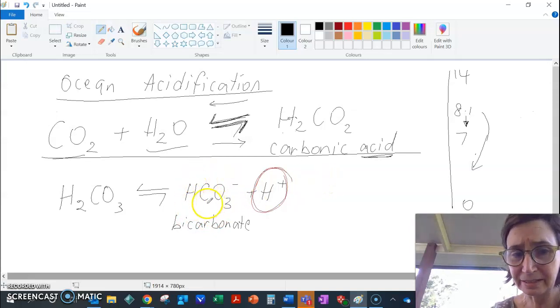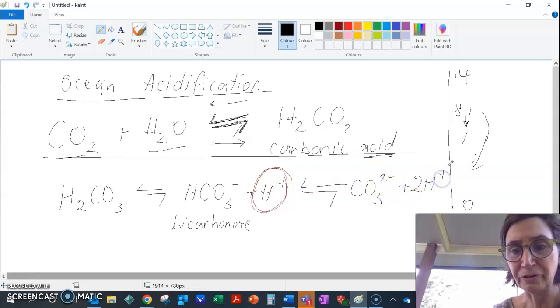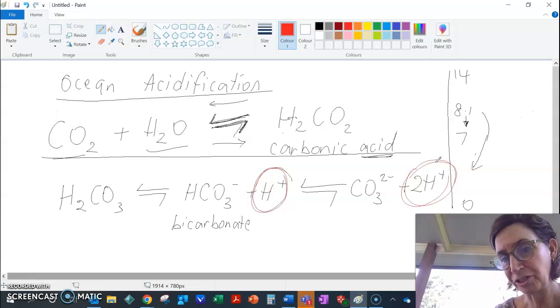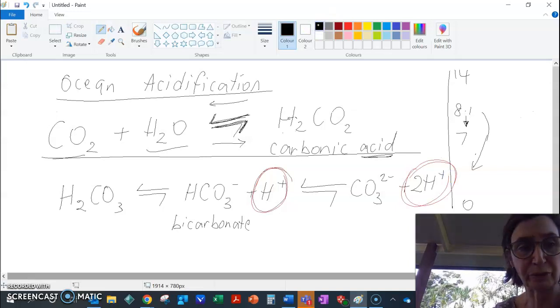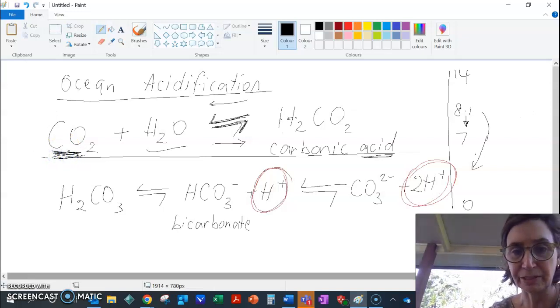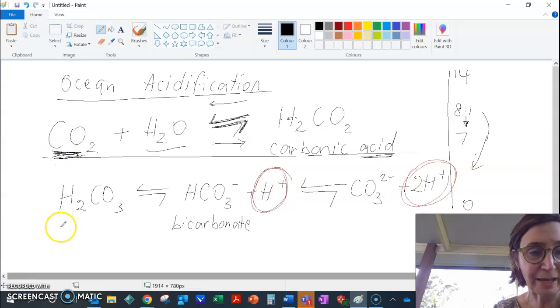But we're not finished yet. This bicarbonate ion can break down further into carbonate, and that therefore adds another hydrogen ion. So you can see here that we've actually got a fair bit of hydrogen ions being produced initially from this carbon dioxide that is dissolving into the water. So I'll just relabel those. Remember, carbonic acid is our first one.